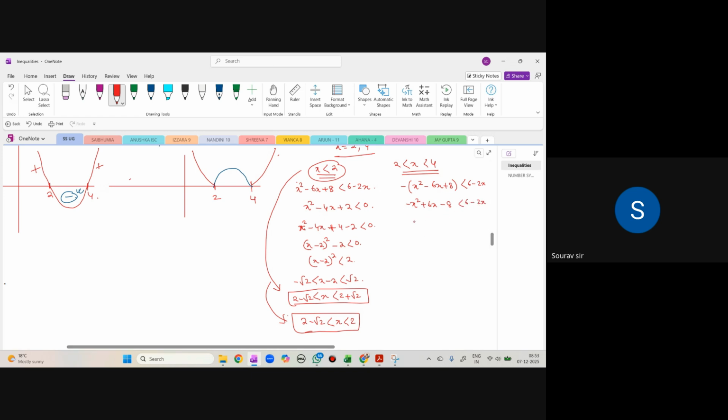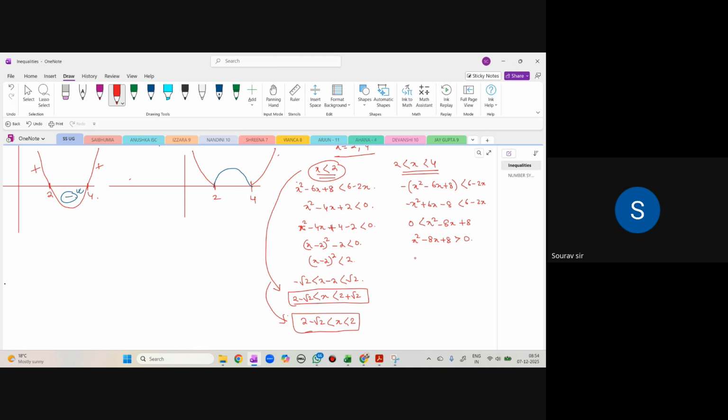So I can move to the other side. So 0 is less than x square minus 8x plus 8. In other words, x square minus 8x plus 8 is greater than 0.